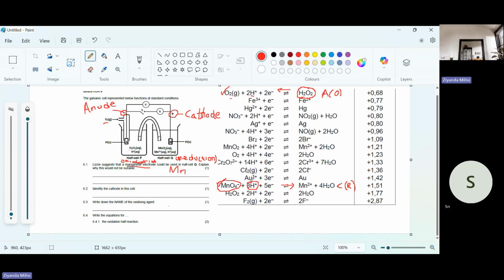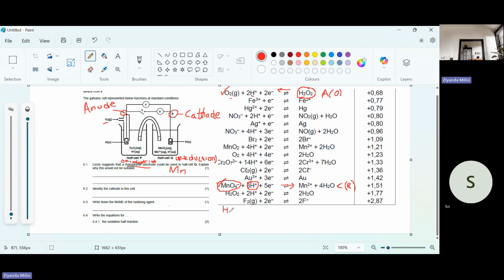Remember, when you write an oxidizing agent or a reducing agent, you choose from reactants, not products. Did you get that, Liso? No. I say, when you write an oxidizing agent or a reducing agent, you always choose a reactant.